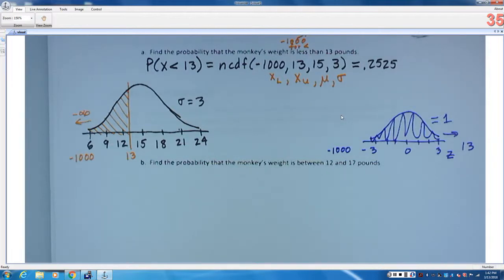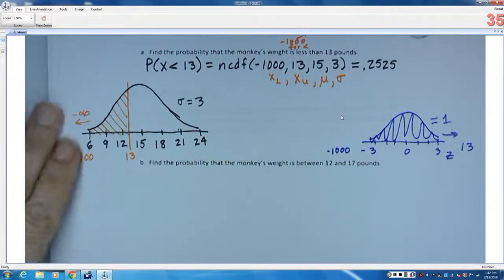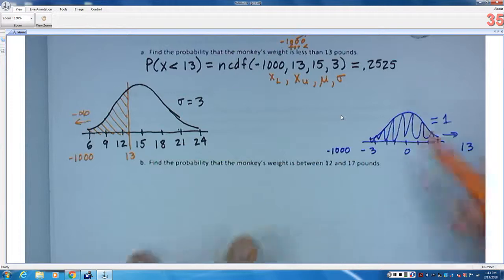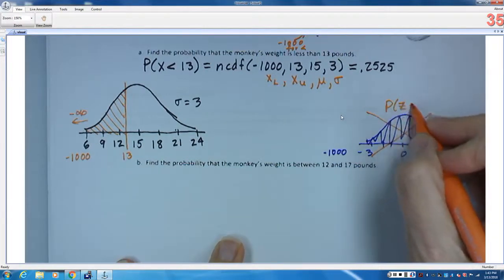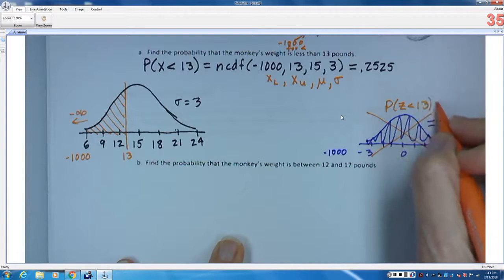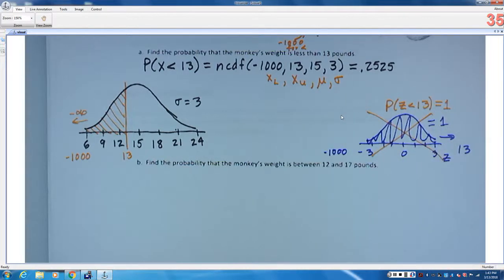If you want it to be z, you're going to leave it at 0 and 1. All right? So this is the probability that z is less than 13, and that equals 1. So we put the wrong thing in the calculator.